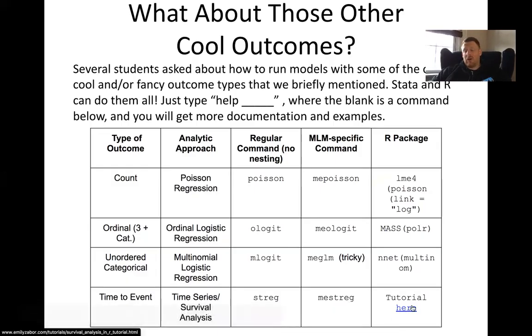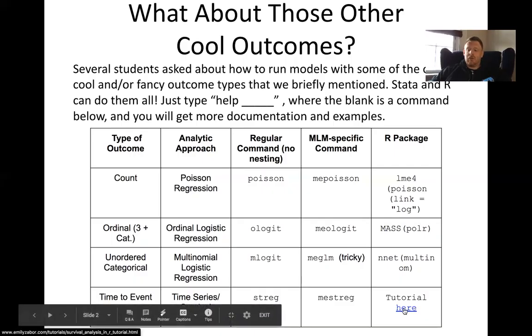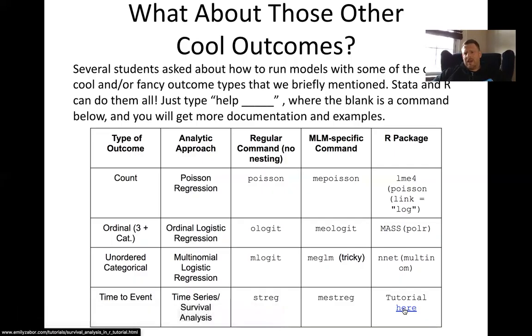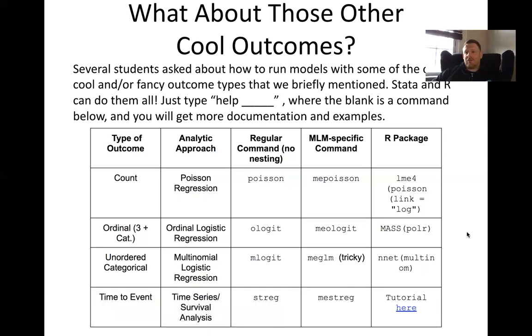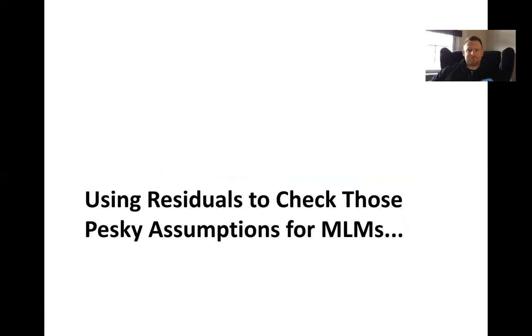There are actually several packages, including one just called survival in R that does this, but there's a really nice link to someone who is a biostatistician and does a lot of this kind of work. On her website, she posted some really cool examples of how to do this in R. So a lot of resources out there for other kinds of outcomes if you're ever interested.